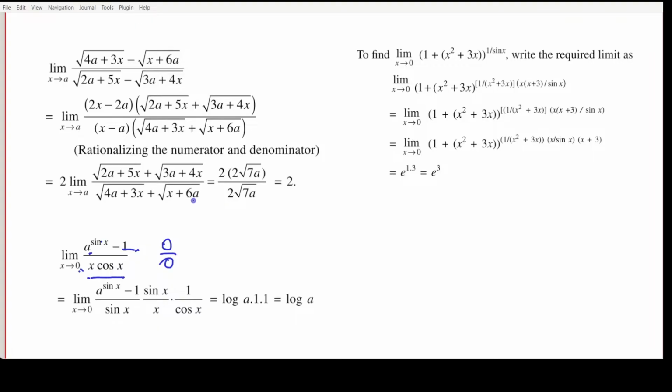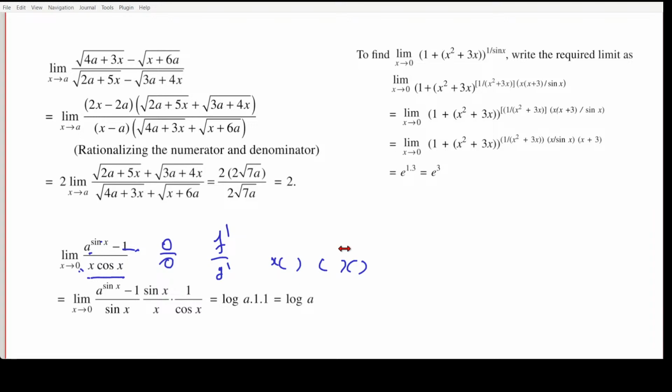One option is you differentiate numerator and denominator, write f dash by g dash, and try again substituting 0. That is one option. But in some cases, if you differentiate these kinds of things, you will again get some products, some of them will be 0, and then again you will get a 0 in the denominator.